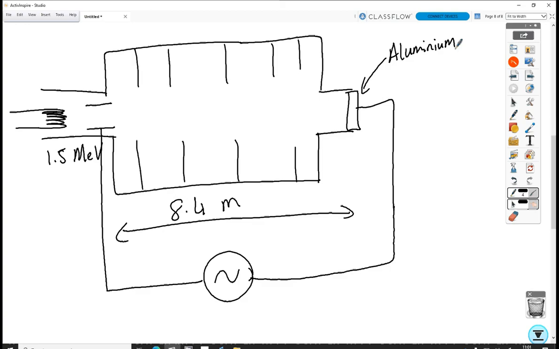So we can label this part here as the LINAC, which is short for linear accelerator. They accelerate through the LINAC using electric fields. So the electrons gain some energy. When the electrons are incident with the aluminium, they're absorbed by the aluminium, and so their energy is absorbed by the aluminium plate.